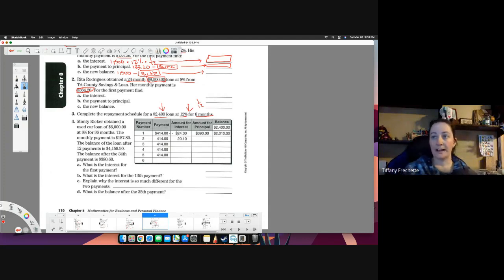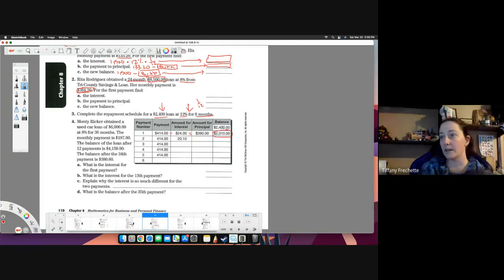We subtract this from the payment amount so that we know what the principal is. And then you just bring your balance down. So it's $2,400, that was what the previous balance was, minus $390. And that gives you your new balance here. So now for the next one, and they went ahead and calculated the interest again for us. We already know we're going to make a $414 payment, but the interest would be not $2,400 this time.